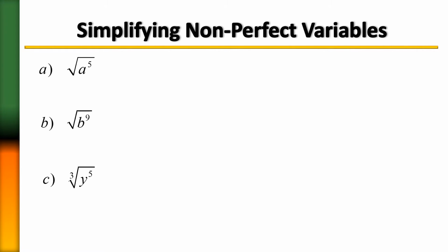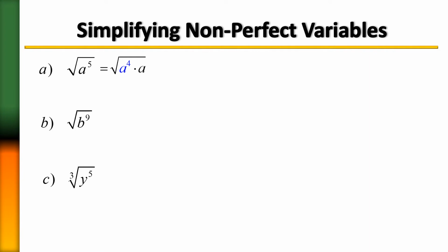You have 5 a's. But if you go down 1 to 4, 4 is a number that's divisible by 2. So 4 of those a's are perfect, which means 1 a is not perfect. I still have 5 a's, but only 4 of them are perfect. 1 is not perfect, so that 1 is going to have to stay underneath the symbol all by itself.